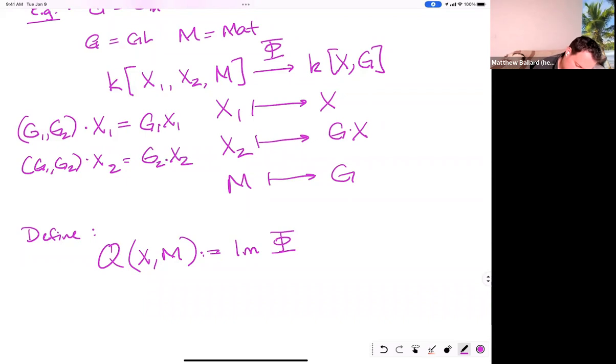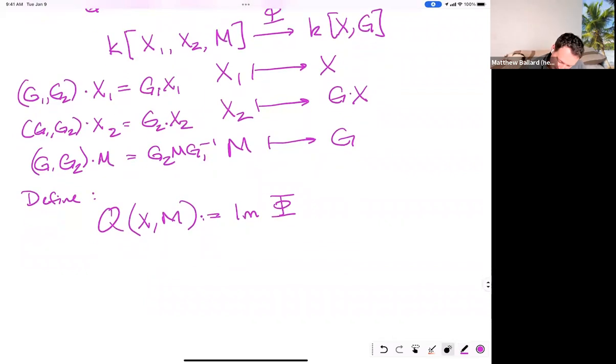And then on M, G1 M G2. So we get a G by G equivariant kX bimodule.